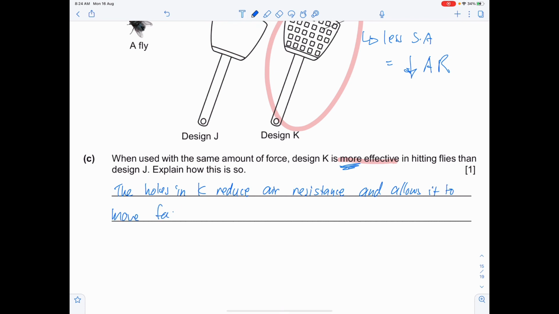You cannot say fast, it needs to be faster, because the question requires you to give an answer that is superlative. So be very careful.